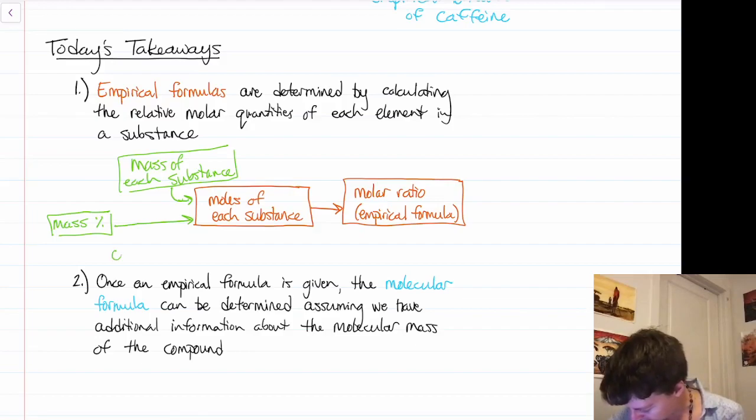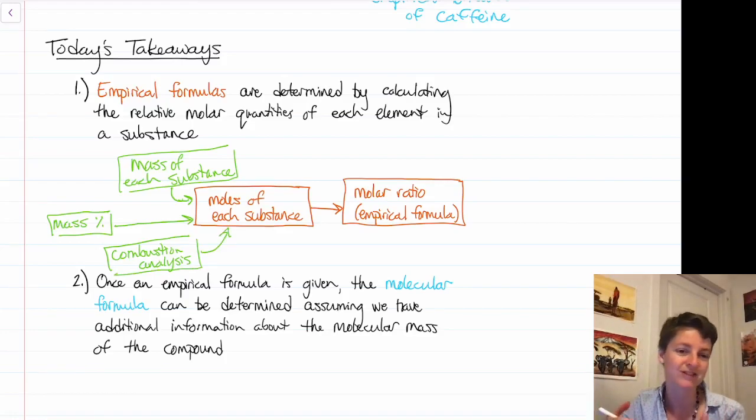And if you're given combustion analysis, we can use dimensional analysis and information about how all of, for instance, the carbon turns into carbon dioxide and all the hydrogen turns into water to help us determine how many moles of each atom were present in the original compound. And again, that process is always trying to route through how many moles are present in each substance. So if you're feeling stuck on a problem, that's always a really good place to start. How do I get to moles in this instance?